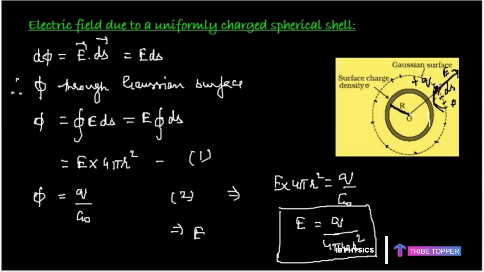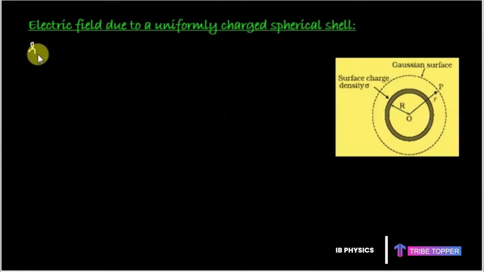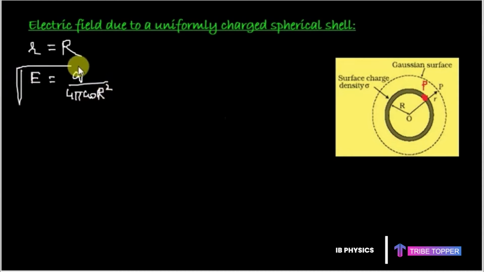If I put r equal to capital R, I just bring my point here. So observation point P would come here on the surface of the shell. So E would become Q upon 4πε₀R². So on the surface you have capital R².